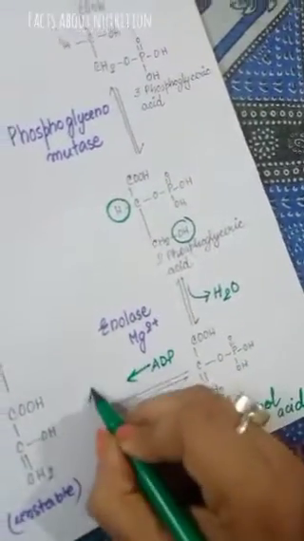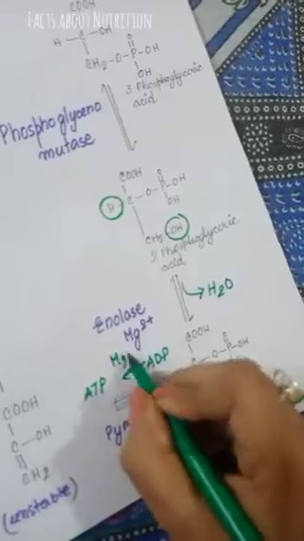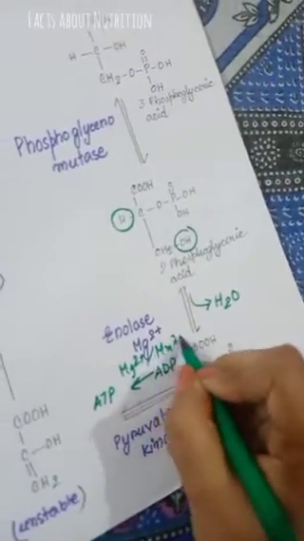This will be reacted upon by pyruvate kinase. Here also ADP to ATP, and Mg2 plus, Mn2 plus is required over here.